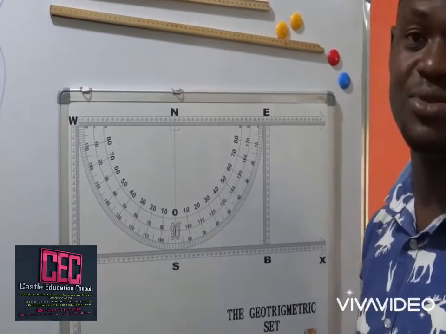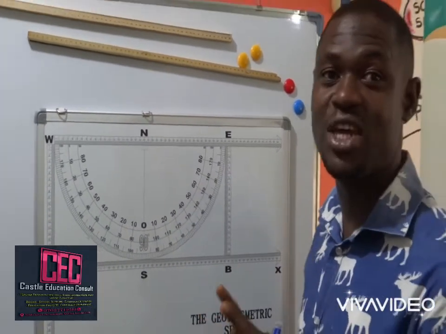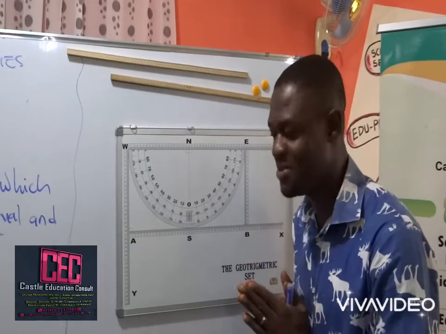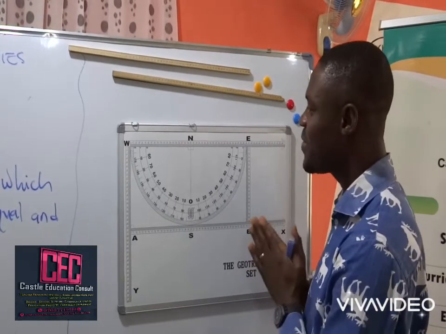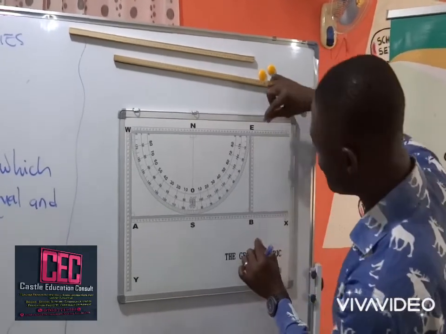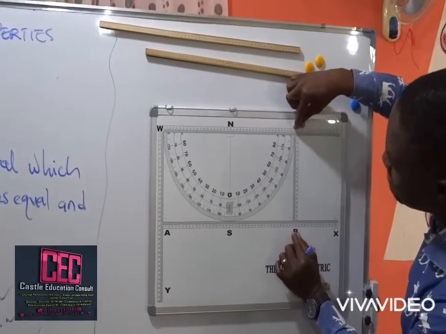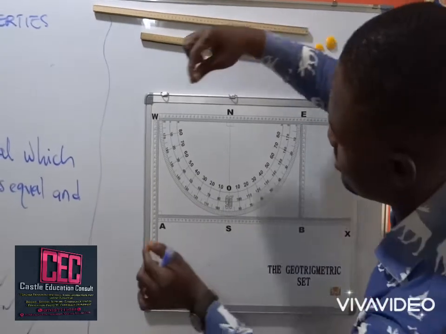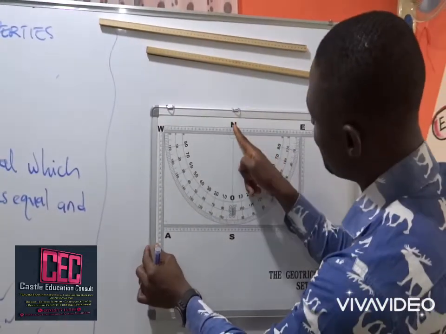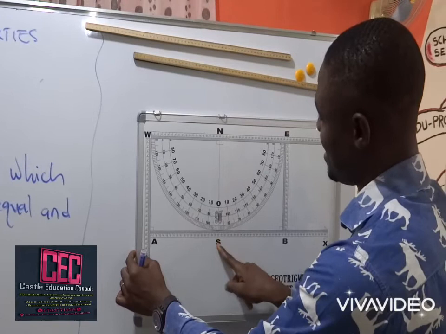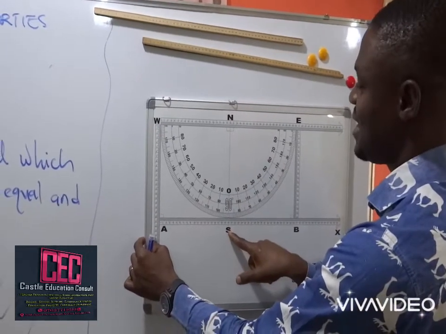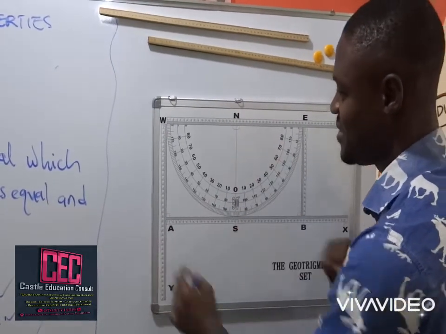Because a line of symmetry is a line that divides a shape into equal halves. It must be equal. The only way we can have it is if we take side EB and fold it over to WA, we would have one line of symmetry as we find here, as NS. So that would be one line of symmetry.